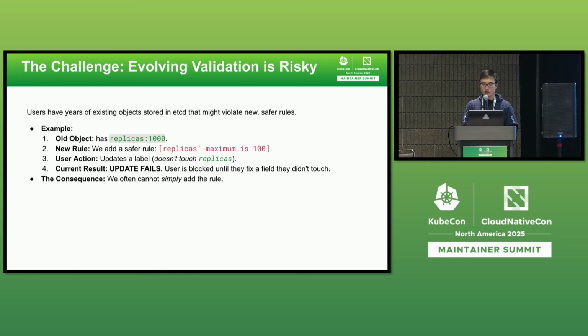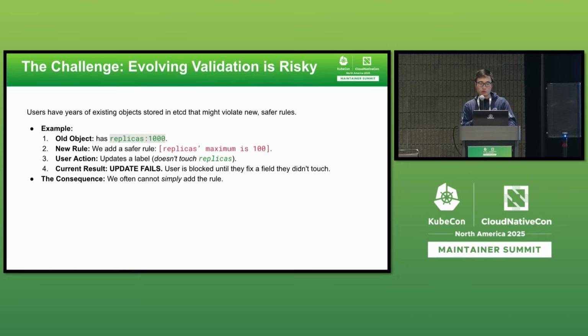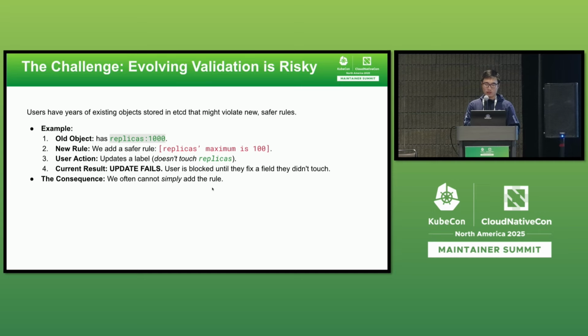But you have an action now: you want to update the labels, which doesn't touch the already existing replicas. In the current situation, if you directly add a simple new validation rule, it will fail because the new rule doesn't allow replicas to exceed 100. So the consequence is that if you want to update the handwritten validation code, you need to make sure it is backward compatible.